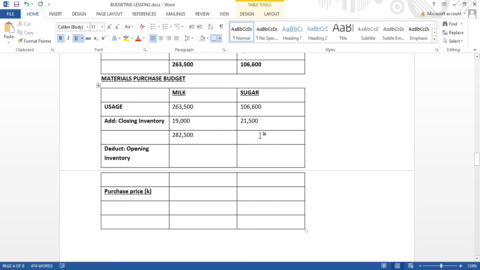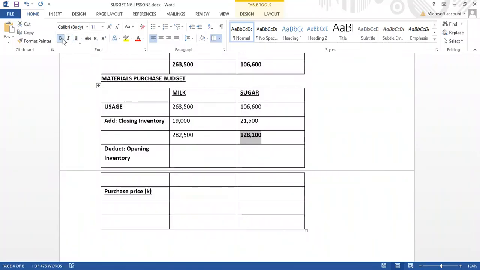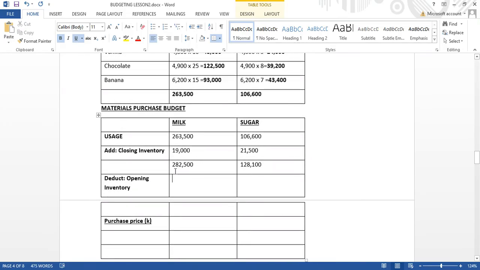And then for sugar, I'm going to say 106,600 plus 21,500 kg. We need 128,100 kg of sugar.